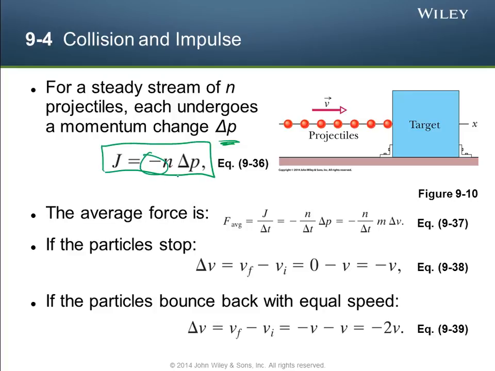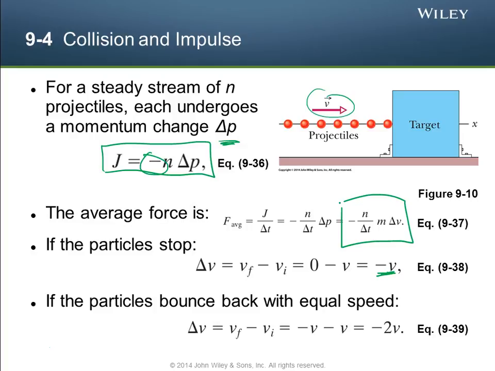Now, we need this negative sign because of the direction of the change in the impulse. So finding the average force using these equations, we end up with the average force being negative n over delta t times m delta v, where delta v is simply the negative of the v that these projectiles are coming in with. And that's if it stops.